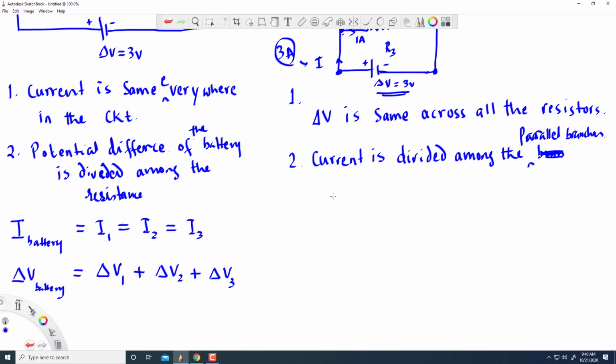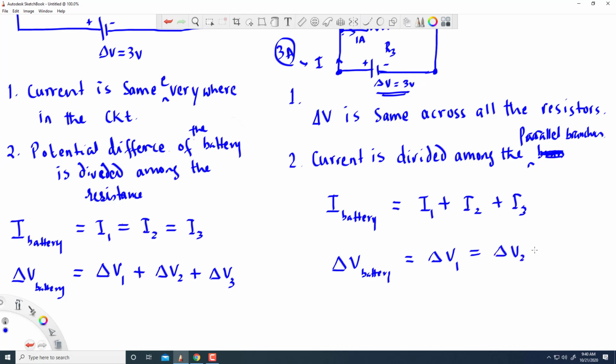Whereas in the parallel case, the current produced by the battery is divided among the resistors, so I equals I1 plus I2 plus I3, the currents through each of the resistors, whereas delta V produced by the battery is the same everywhere: delta V of 1, delta V of 2, delta V of 3.